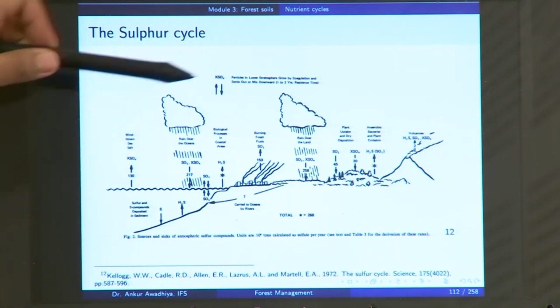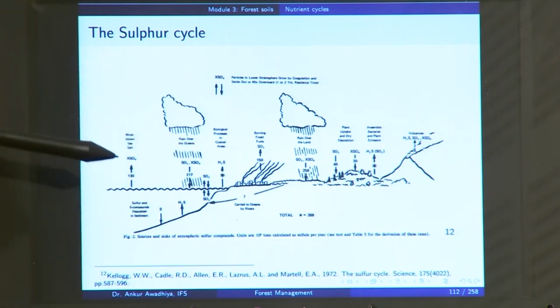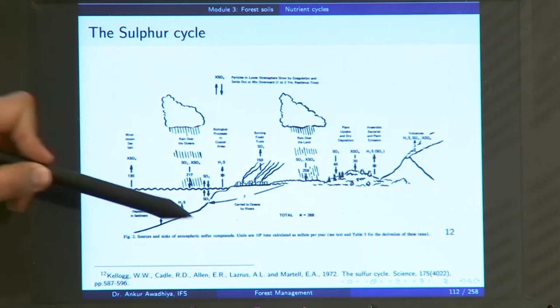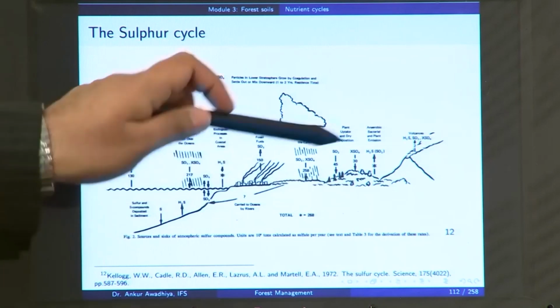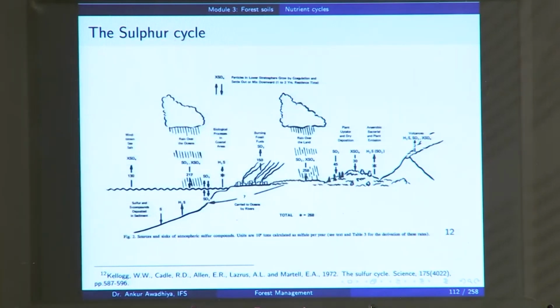So, here again what we are seeing is that there is a constant motion between the lithosphere, the hydrosphere, the atmosphere and the biosphere, and the sulfur is moving through all of these. So, there are different cyclical processes through which these different nutrients are moving from one compartment of the earth to another compartment.